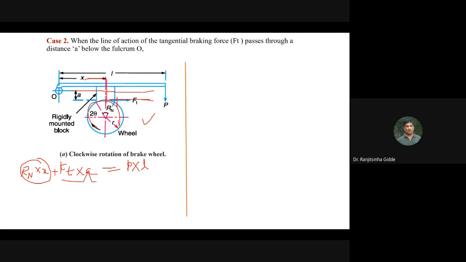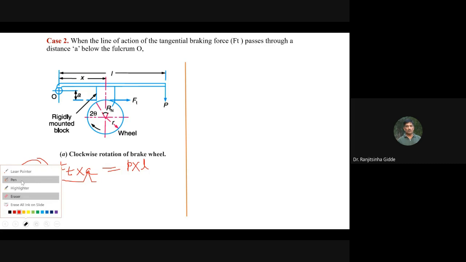So Ft into A. But with respect to this fulcrum, this is the fulcrum.